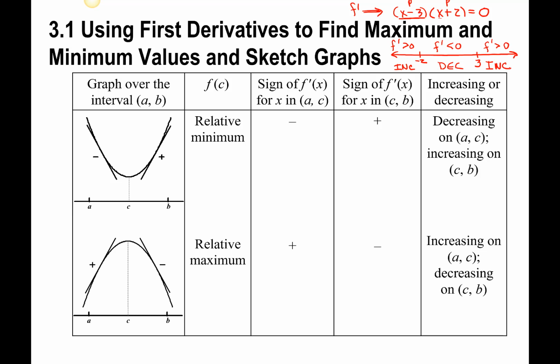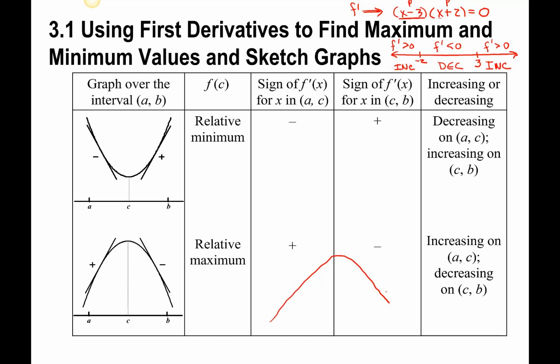With that information alone, you can determine if x equals negative 2 is a max or a min point. If the function goes from increasing to decreasing, you've got a what there? You have a maximum, don't you?